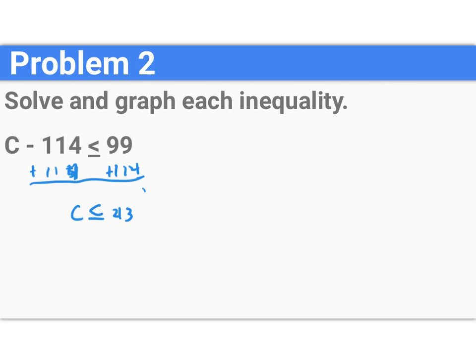It looks kind of like 43. That really should be 213. Okay, C is less than 213. I'll put a 0 there just for reference, just so I know where I'm dealing with.